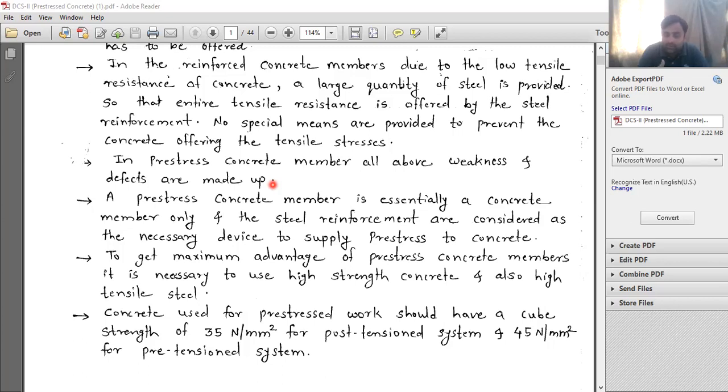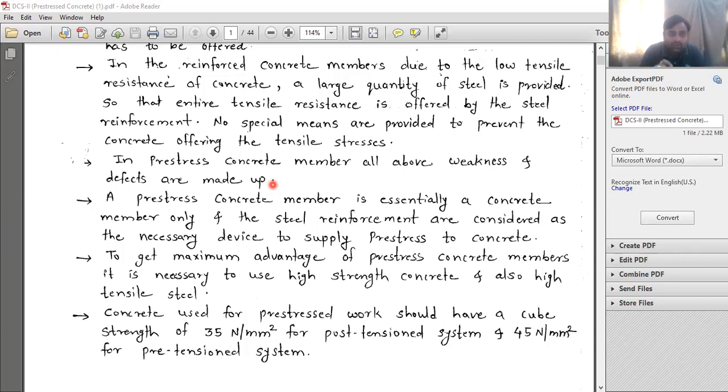The cost of prestressed concrete is much higher than our normal members of the same dimension. If you compare the cost of prestressed concrete and a normal concrete block of the same dimension and same reinforcement, the prestressed member costs more. Also, prestressing is generally helpful when the size of the member is large and large girders are involved.